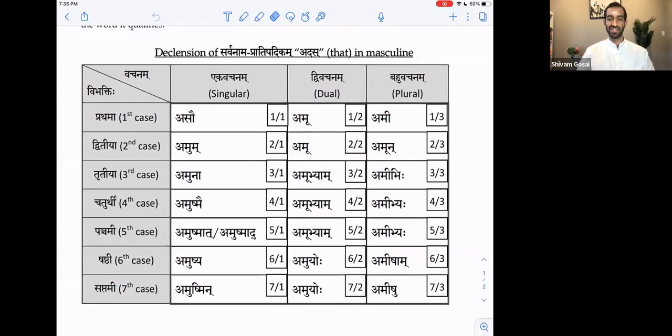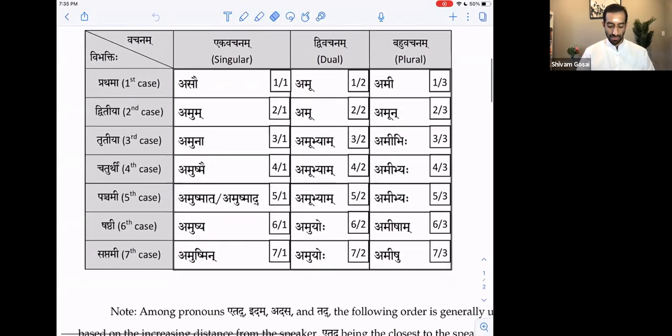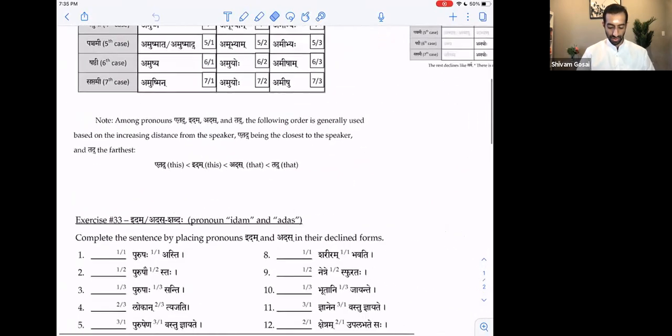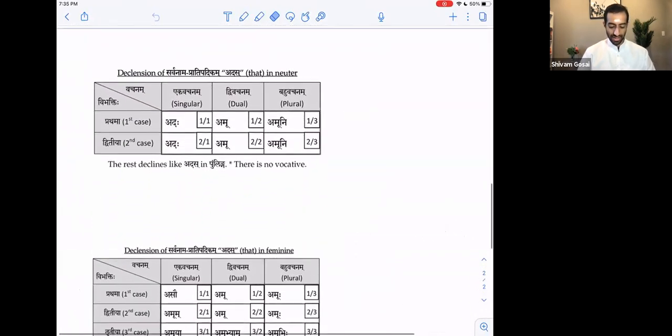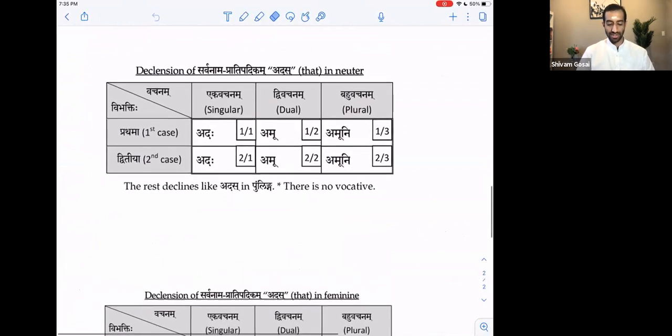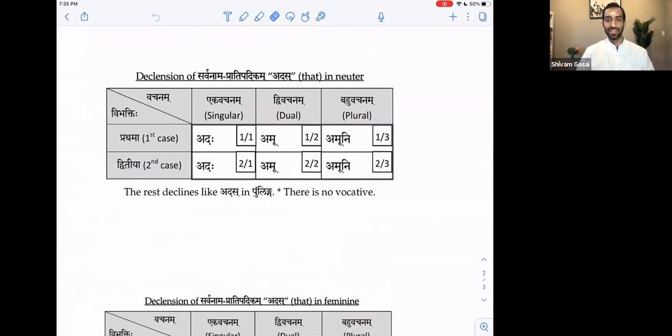Okay, so we're just remembering this as we saw in our last class. And napumsaka is very similar to this. The only difference is these two cases. So this is adas in napumsaka linga.